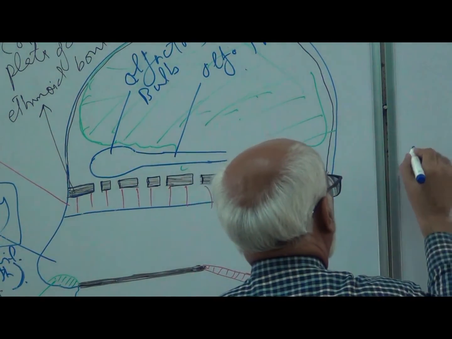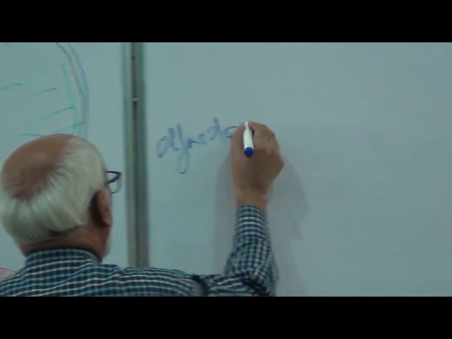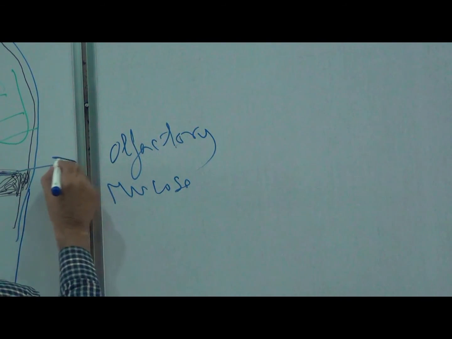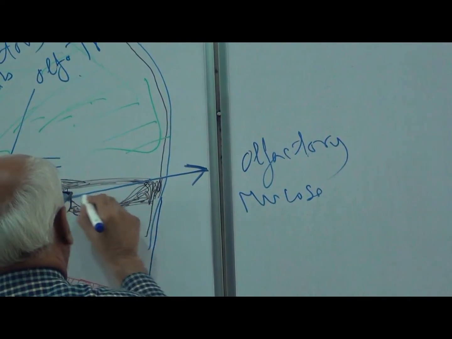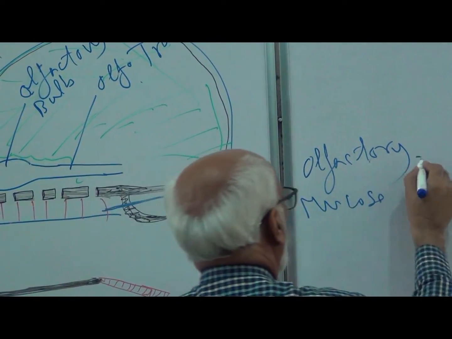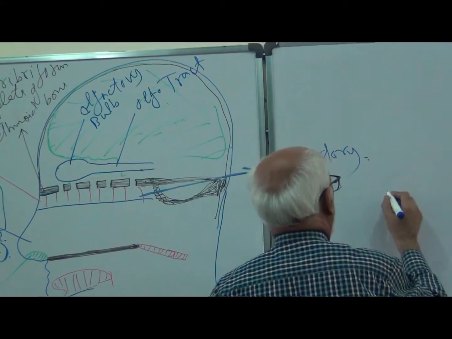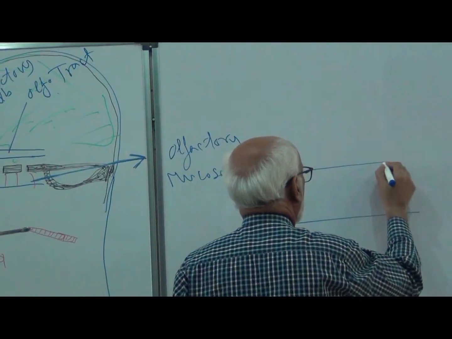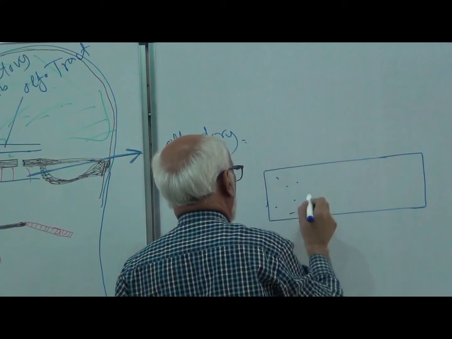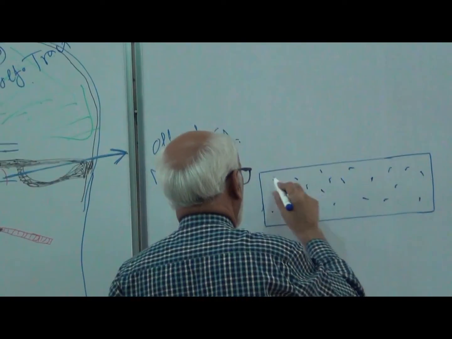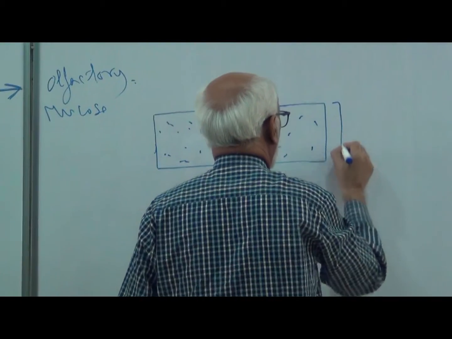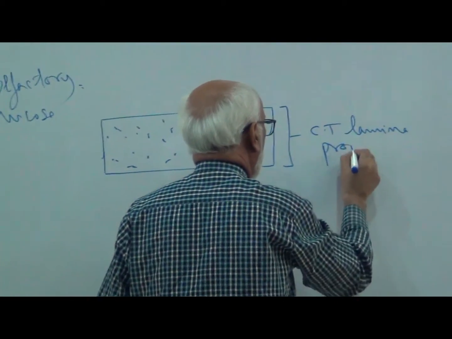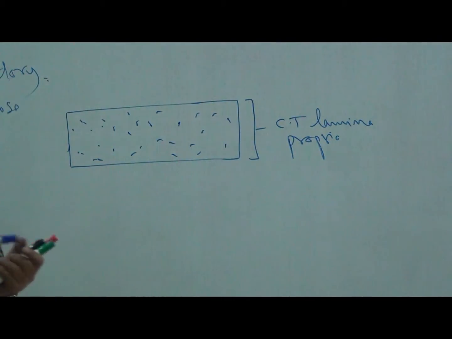Now, the olfactory mucosa. On the nasal surface, there is a connective tissue layer called lamina propria, comprised of connective tissue fibers and connective tissue cells.